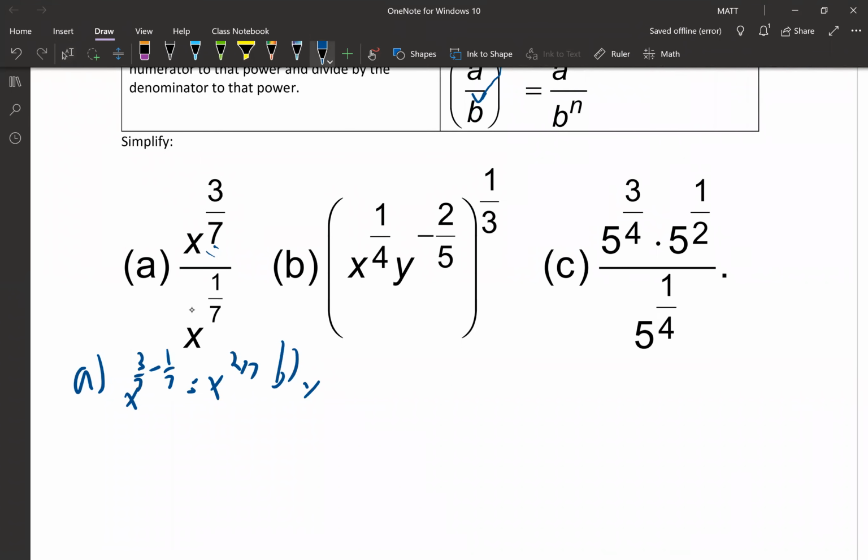So this is going to be x to the 1/4 multiplied by the 1/3 power, then we have y to the negative 2/5 multiplied by 1/3. So this first one, we get what? x to the 1/12 power, and this will be y to the negative 2/15 power.